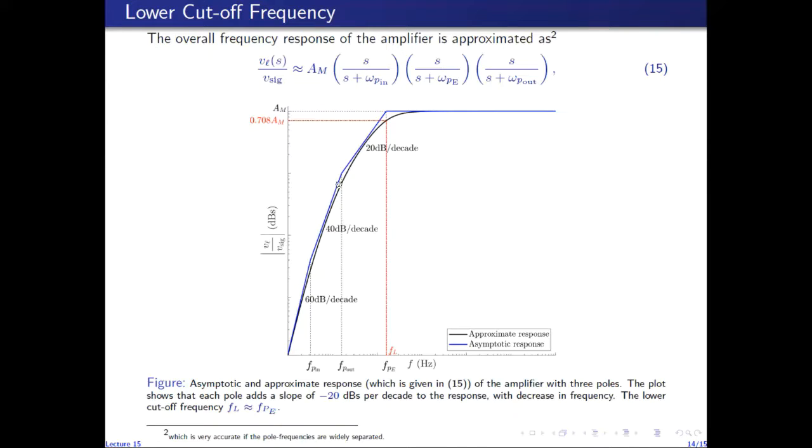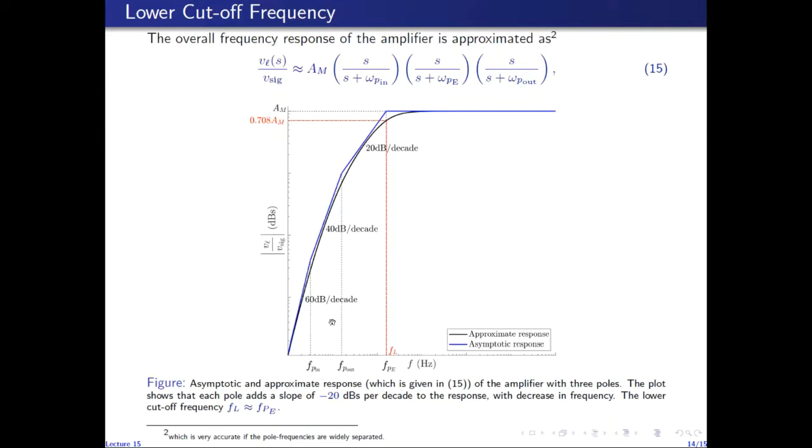FP out is another pole frequency which will introduce another 20 dB per decade, so below FP out the gain will start decreasing at a rate of 40 dB per decade until it reaches FP in. FP in is the third pole frequency which will introduce another 20 dB per decade. So below FP in, the gain will reduce at a slope of 60 dB per decade.